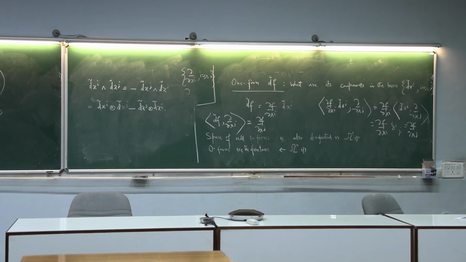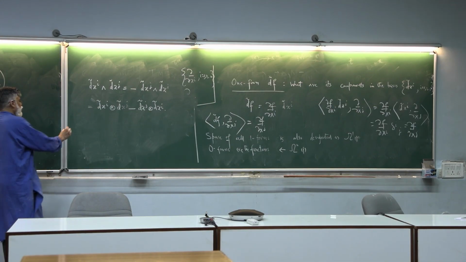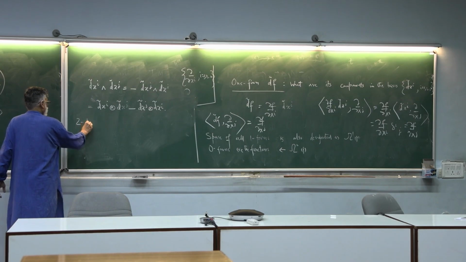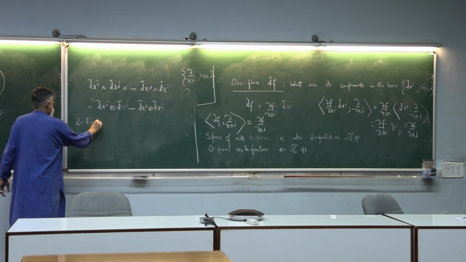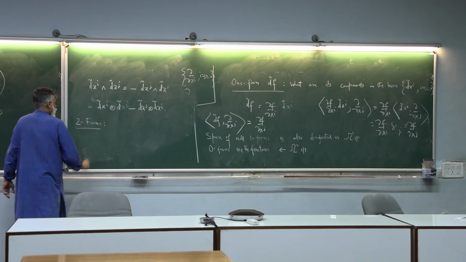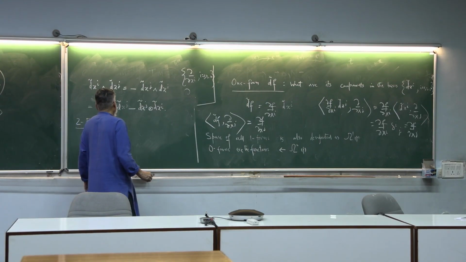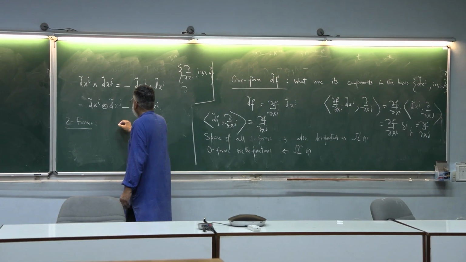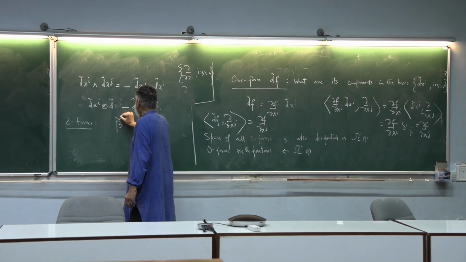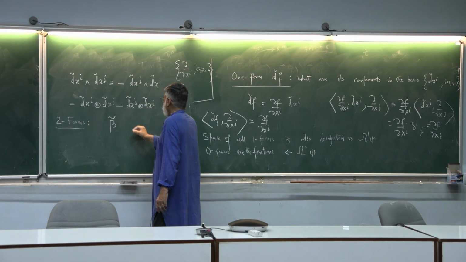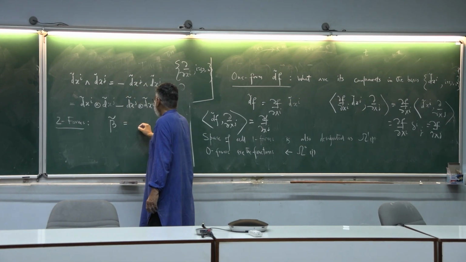It gives me another mathematical quantity called two forms. Any general two form, beta let us say, so beta is a two form, can be written as beta mu nu or beta ij.